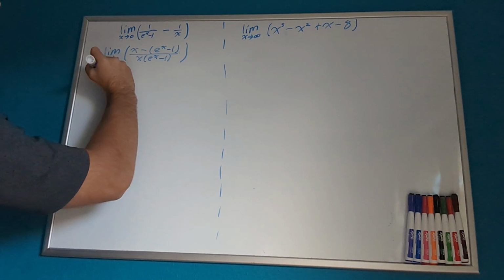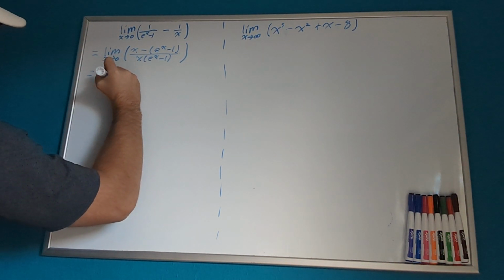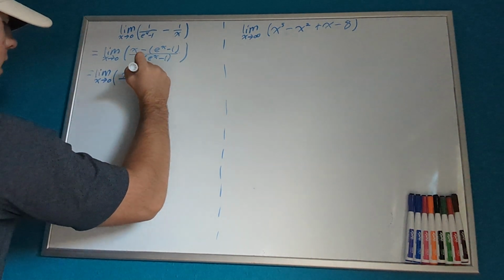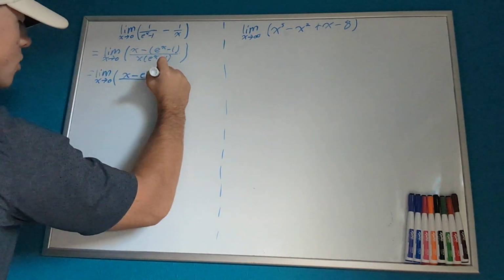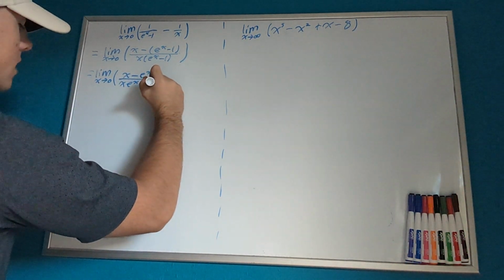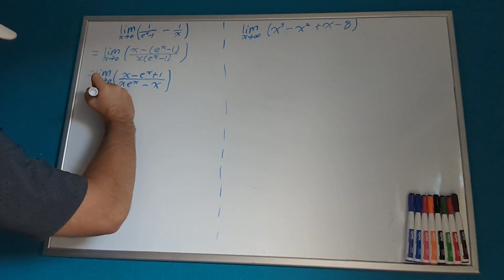So this will equal the limit as x approaches 0 of x minus e to the x plus 1 over x e to the x minus x, right? Then from there, we can apply L'Hopital's and it'll be a lot easier for us.